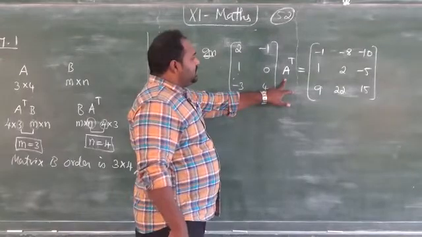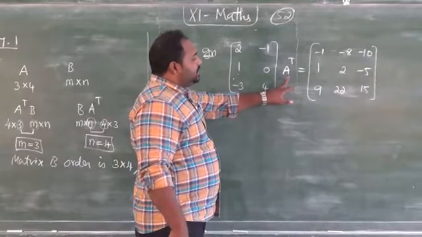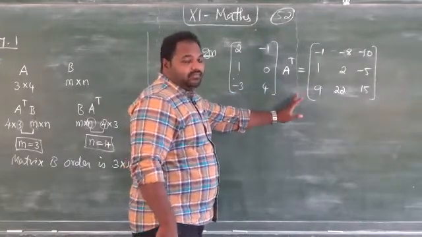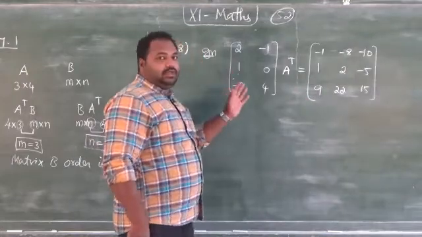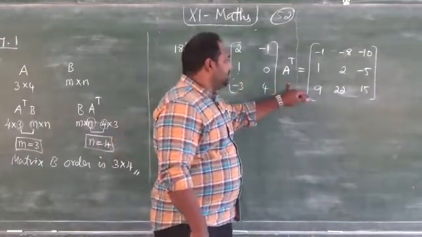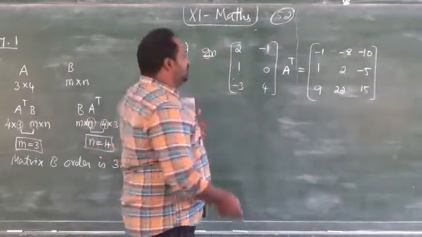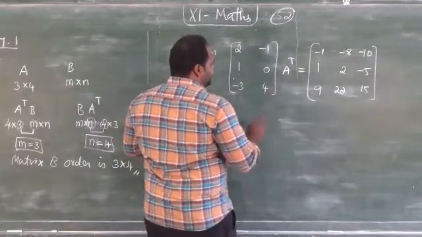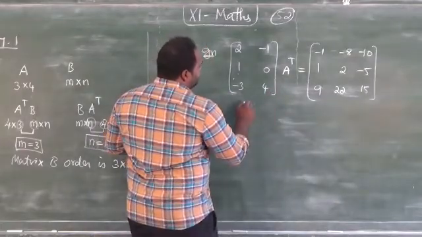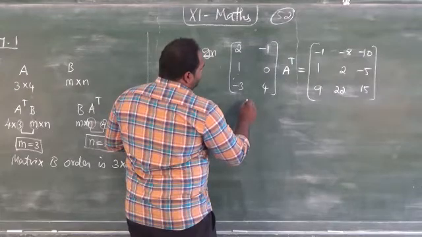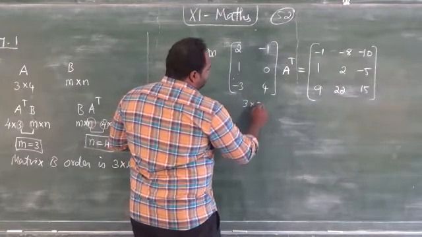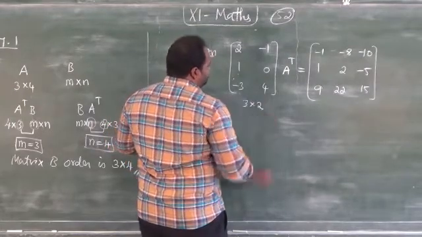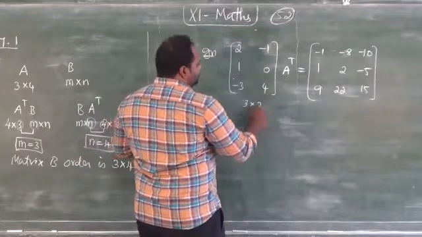I told you already, we have done problems like this. If you look at the previous problems, you can remember how to do this. Anyway, once again I will teach you how to find the value of A here. Here the given matrix is of order 3 cross 2.